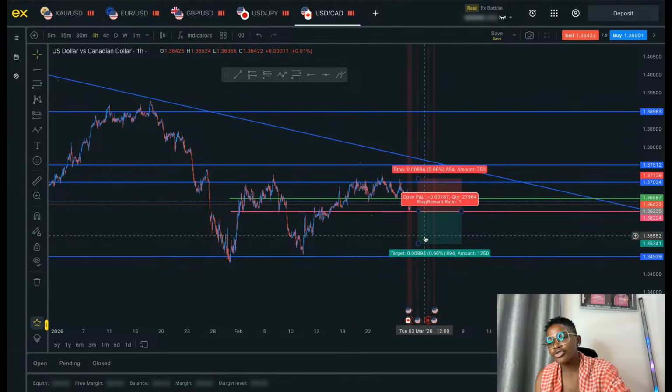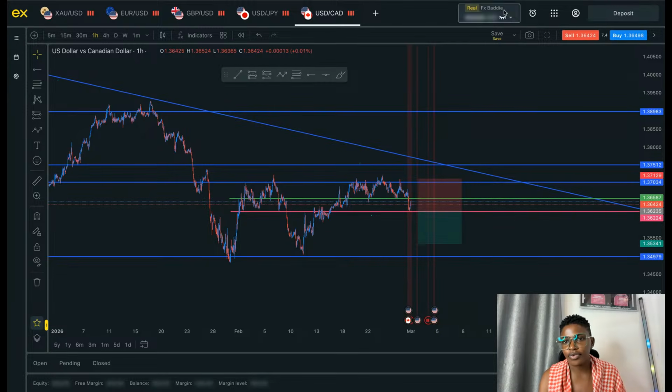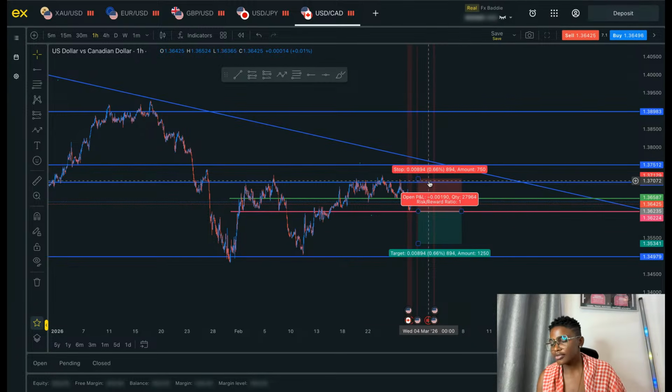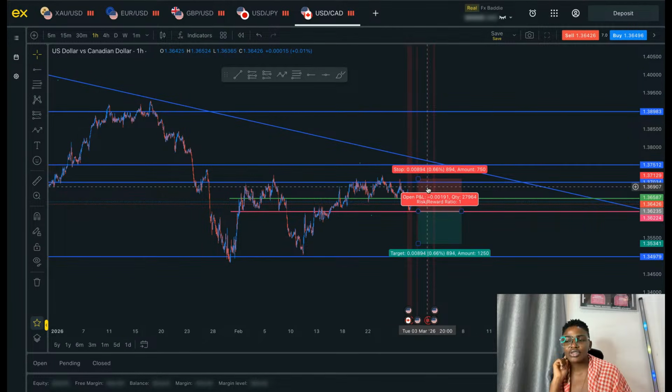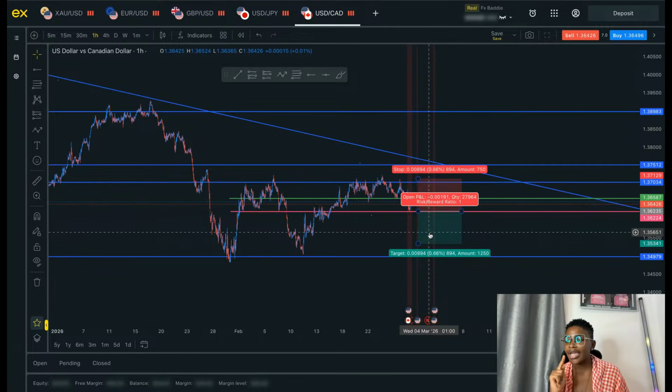So this green is your reward. The green section is the profit that you hope to get when price actually goes in your favor. And the red is the risk. How much are you willing to risk on this particular trade? Now, this red is also called stop loss. The green is called take profit.